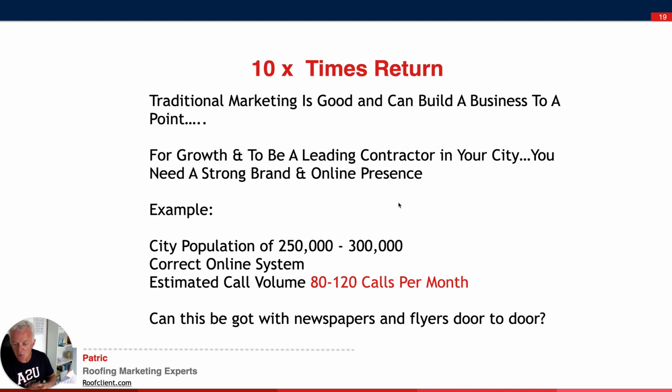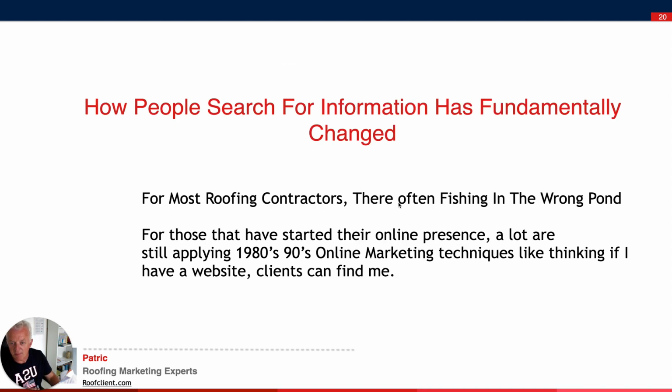And you would find it difficult to get that with newspapers and flyers. Again, as I say, it's not that you can't, and not that newspapers shouldn't be part of your system. It's just that as a main source, it's not. It's quite difficult to scale it and get the numbers you need, especially when it comes to predictability.